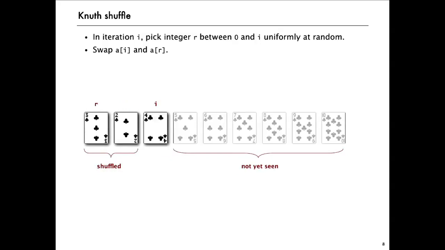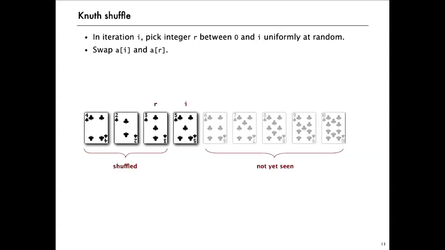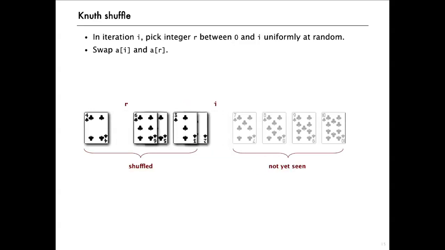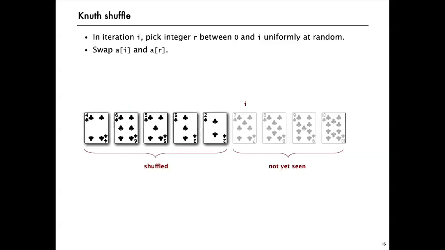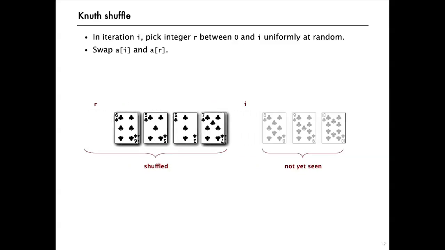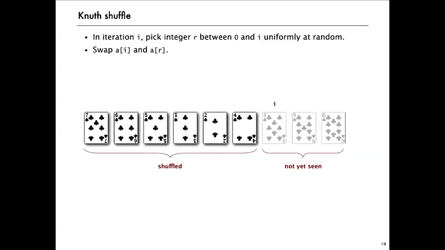Increment I, generate a random integer. This time it's going to be the first one again. Swap them. Increment I, generate a random integer. Swap them. Increment I, generate a random integer, swap them. And continue in that way. Swap. So for every I, we do exactly one swap. Now a card could be involved in more than one swap, but that's not an issue.